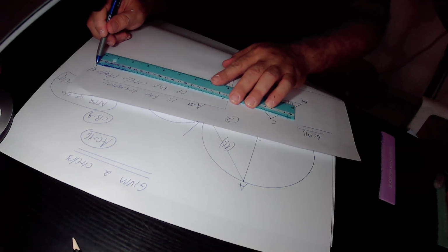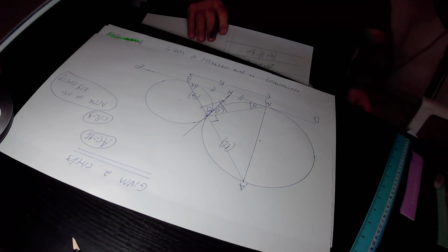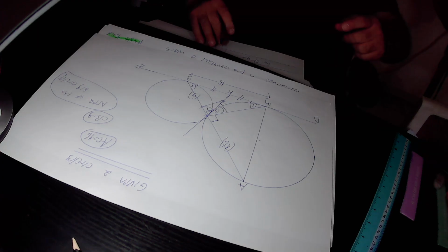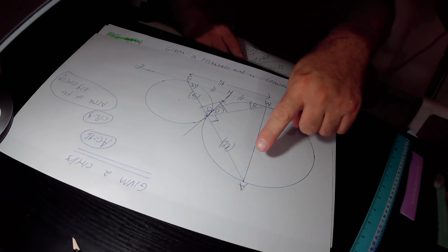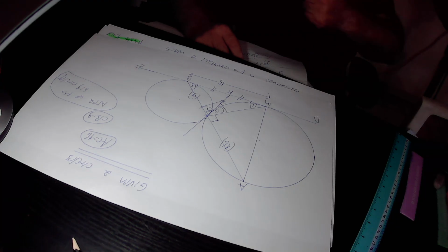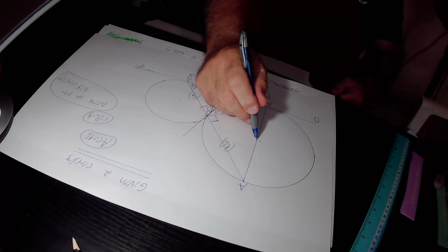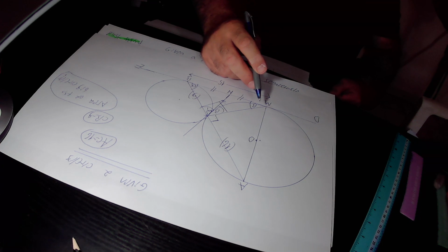But we also know that the center of any circle must be located on the diameter of the circle. And therefore, the center of this circle must be located on the diameter AM of this circle. So this is point O. That is the center of the circle. Why?